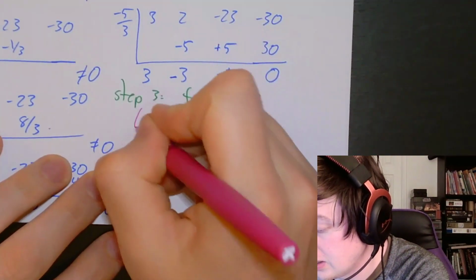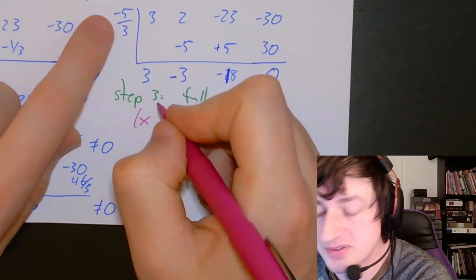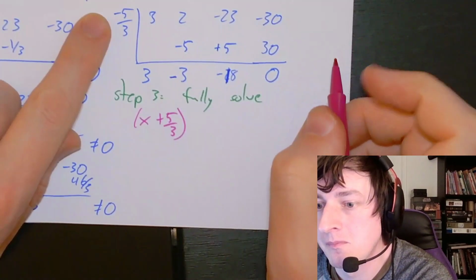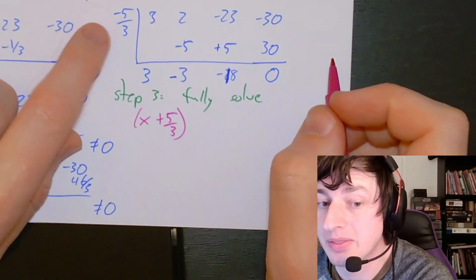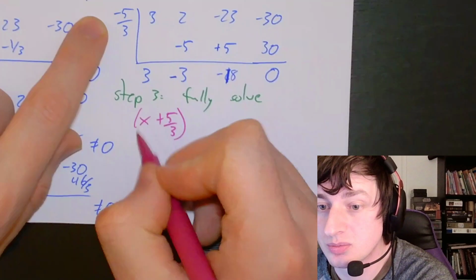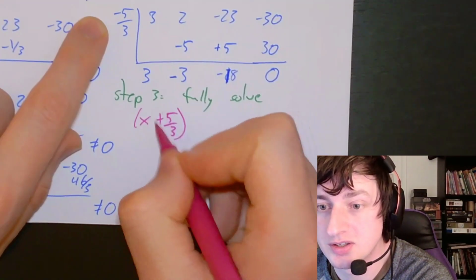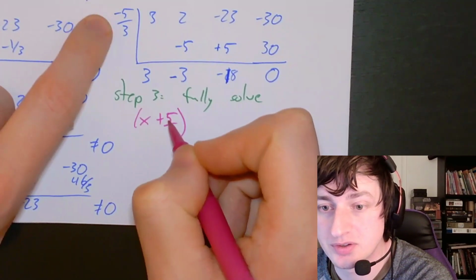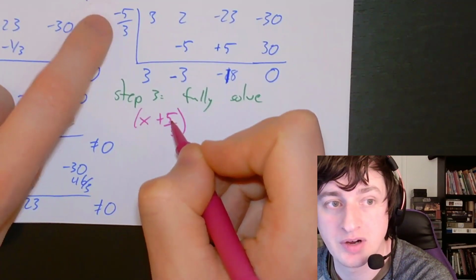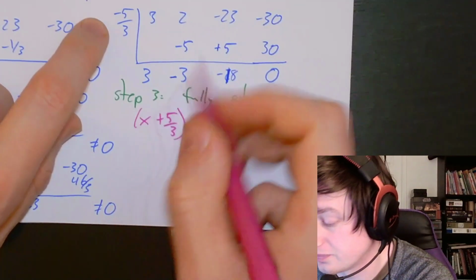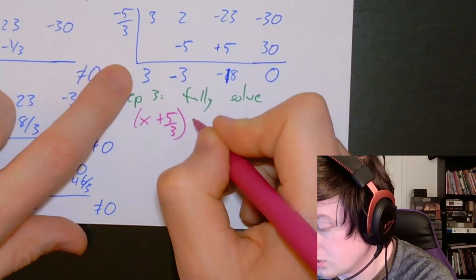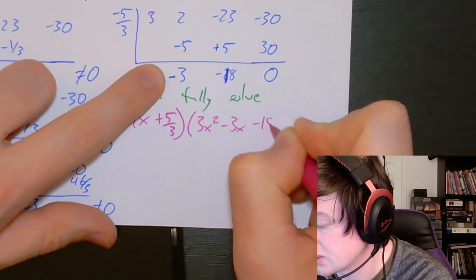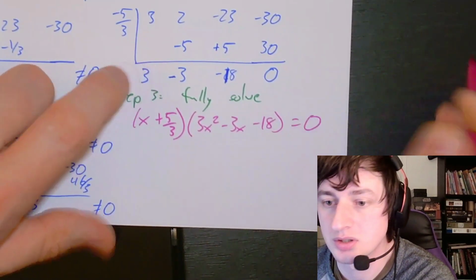So x, the opposite of this, plus 5/3. Now that is not how we're going to write this when we're done. We're going to write this as integer stuff. But for now, that's the opposite of this negative 5/3. If we add 5/3 to negative 5/3, we get 0. So it's fine for now. And then we get 3x squared minus a 3x minus an 18. And that's all going to equal 0.